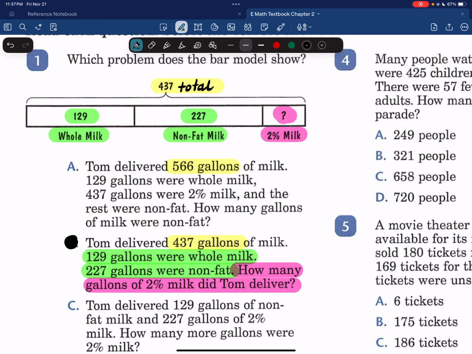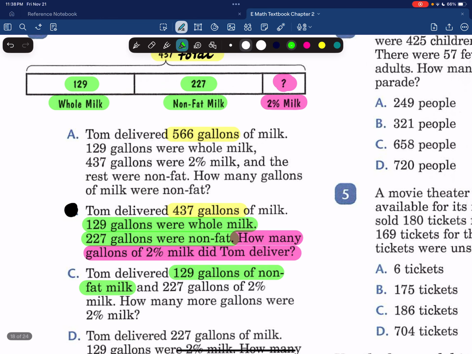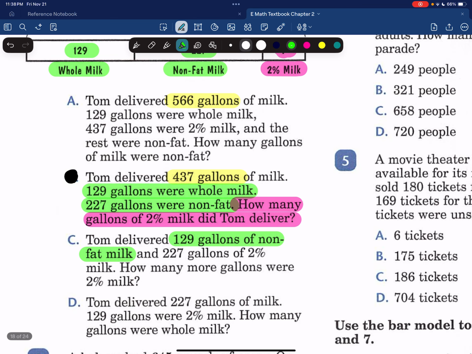But let's look at the others. Tom delivered 129 gallons of milk, 129 gallons of non-fat milk. That's correct. 227 gallons of 2% milk. We don't know the gallons of 2%, so that one is not correct.